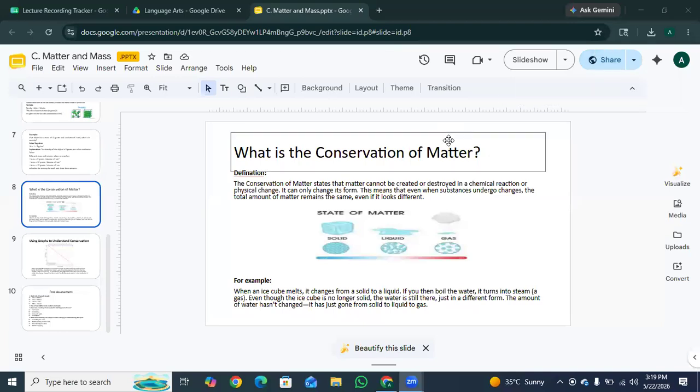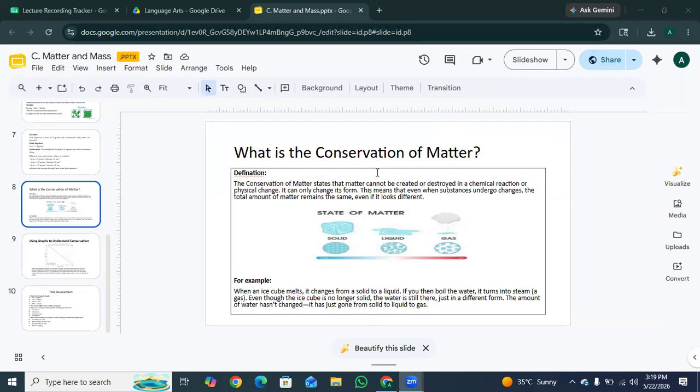So, this means that even when substances undergo changes, the total amount of matter remains the same, even if it looks different. Okay? In short, the total amount of stuff in the universe always stays exactly the same, even if it looks completely different after a change.